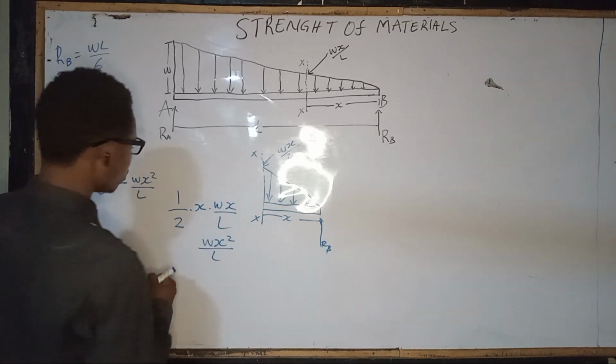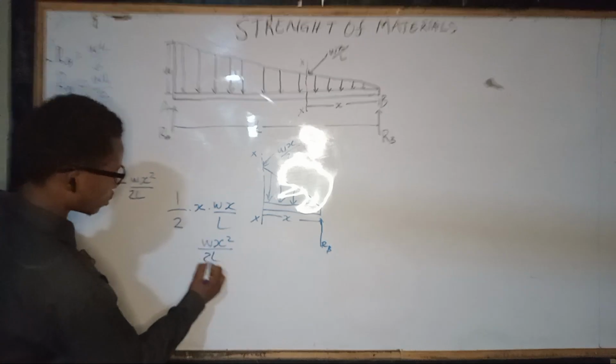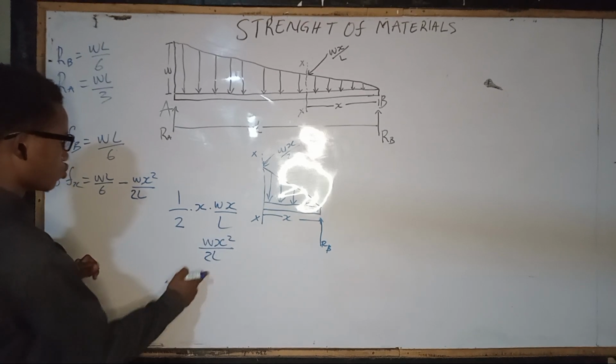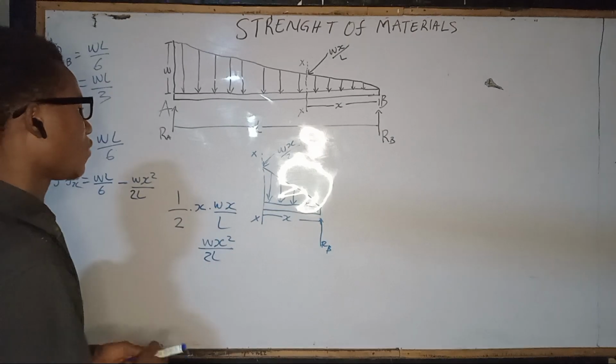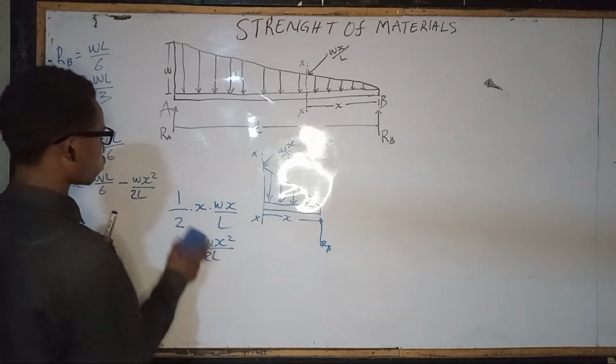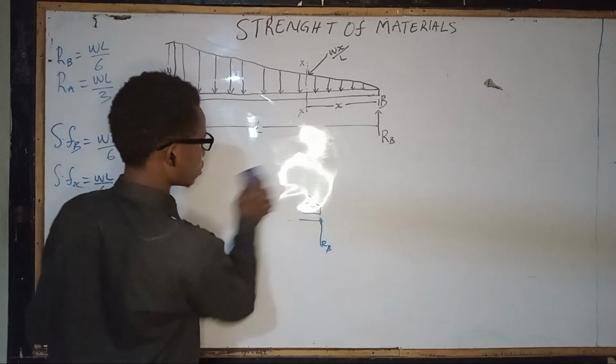Not over L, this over 2L, because this 2 times L is equal to 2L. So it will be equal to WL over 6 minus Wx square over 2L. That will be the shearing force at X.